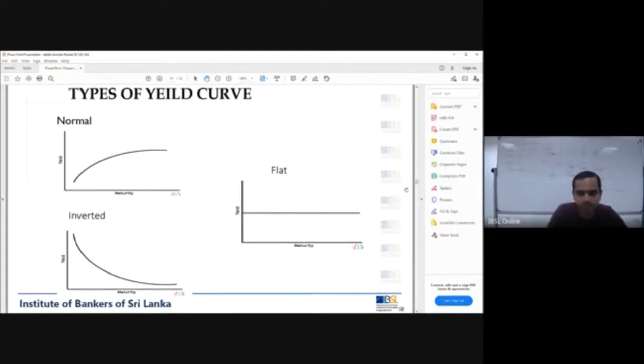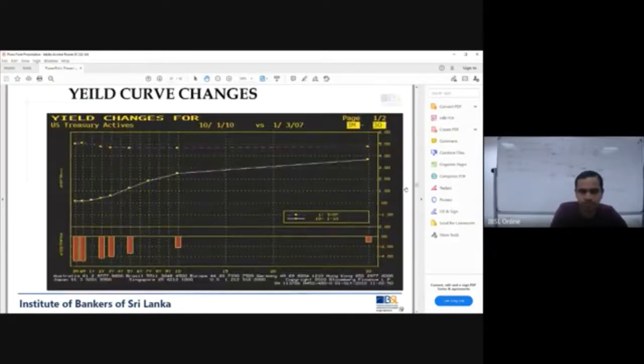But if you expect the economy to slow down, if the economy is going to contract, everyone expects the economy is going to contract, then you get an inverted yield curve. Right? Yield curve changes.